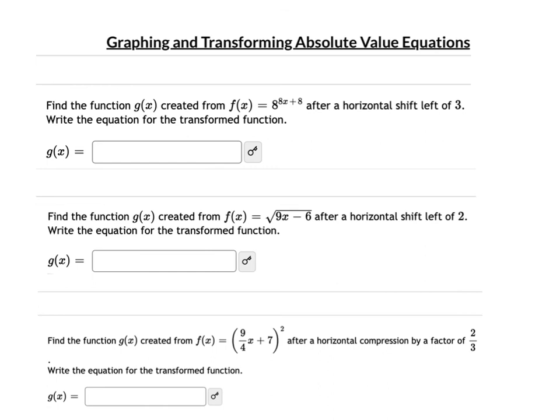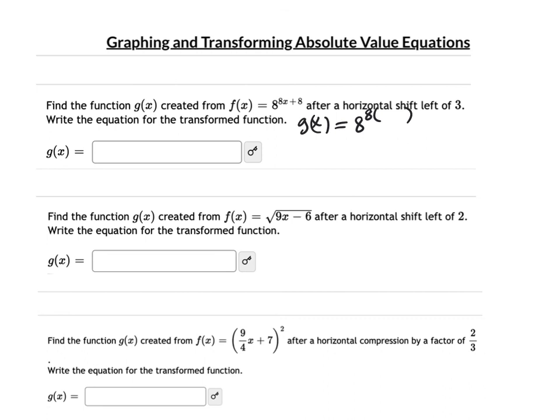Here are the last 3 examples from your assignment. Another exponential function. We're going to do a horizontal shift left of 3. So my g of x equals 8 to the power of 8. Now x is going to be replaced. It's horizontal, and it's the inverse.